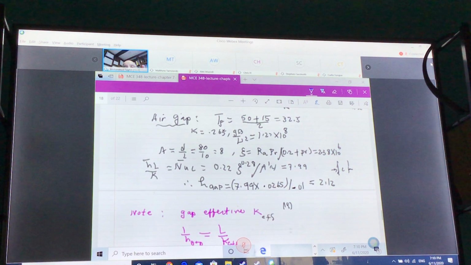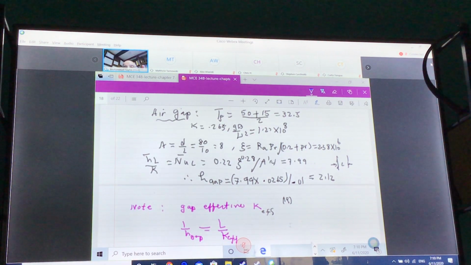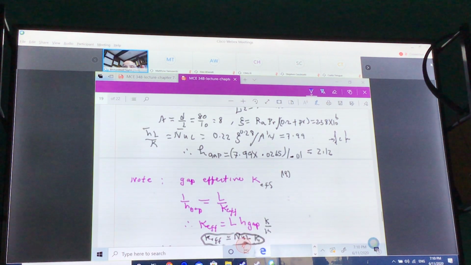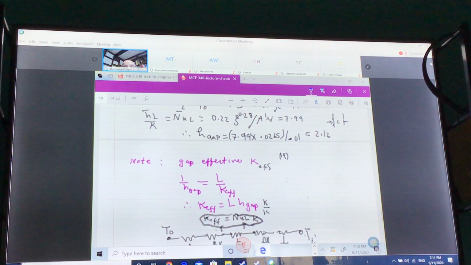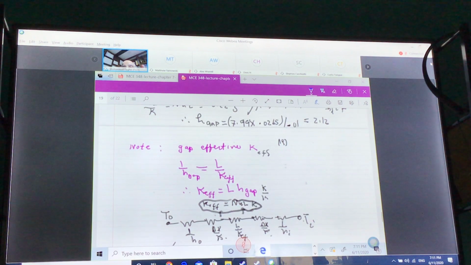Now, what about the air gap? For the air gap, I have the two wall temperatures. Look at the properties. Now you calculate the aspect ratio, calculate C, calculate Nusselt number for the gap. So I calculated h of the gap.